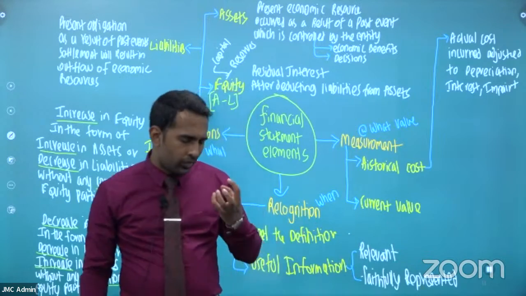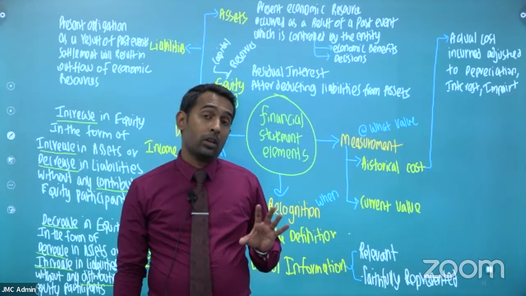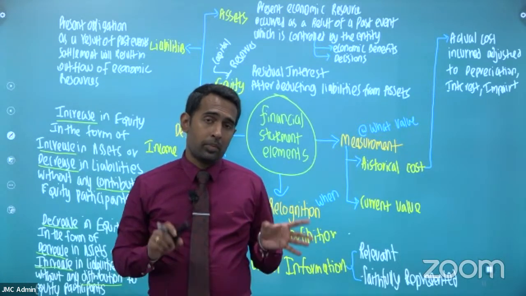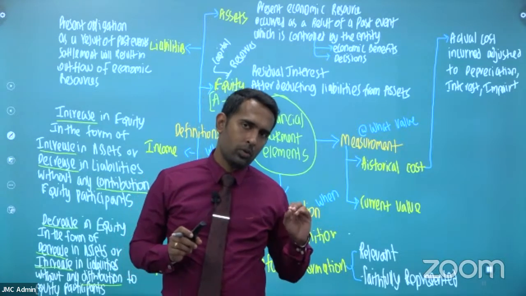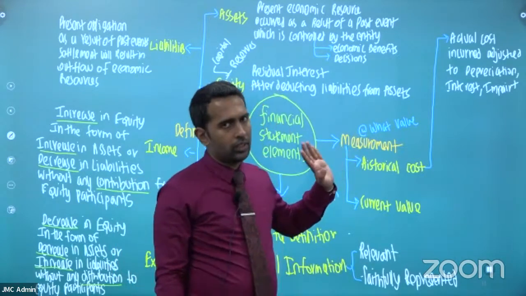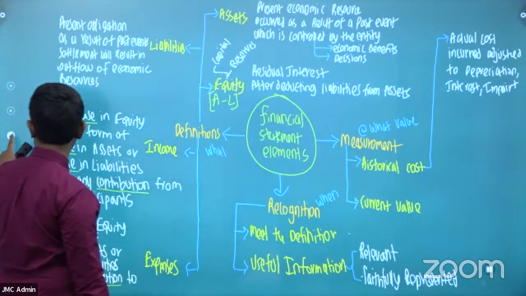That after-depreciation value is historical cost. Historical cost does not mean the original price you paid. You have to do the adjustments, depreciation, impairment, interest, depending on the type of the asset. So the historical cost is the actual cost incurred subject to certain adjustments.